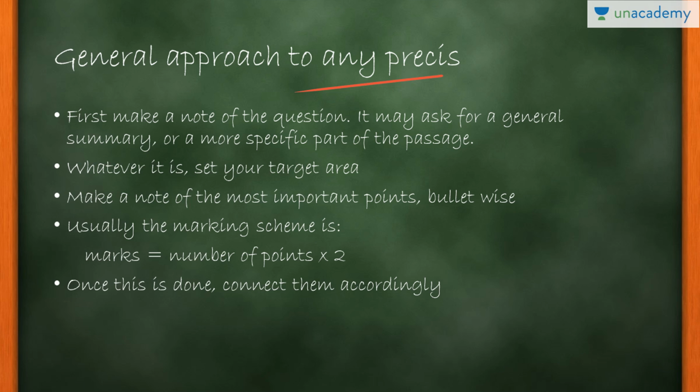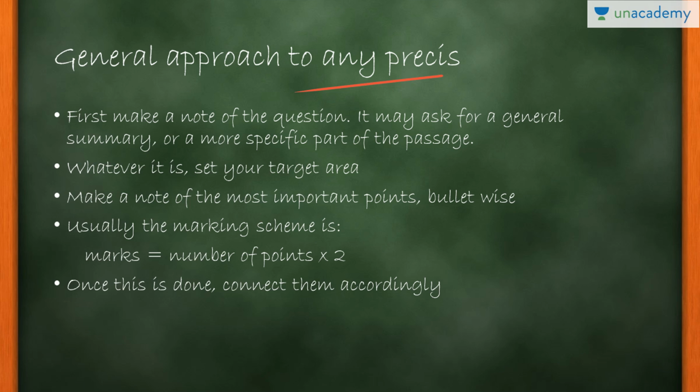Sometimes a very specific question is asked of you from the passage. Maybe you will even be specified the paragraphs to Preci. Okay, sometimes there are questions like, from the last 3 paragraphs in the given passage, construct a summary or write a Preci. So first please note down the question, because if you write the wrong Preci, then you will be severely penalized.